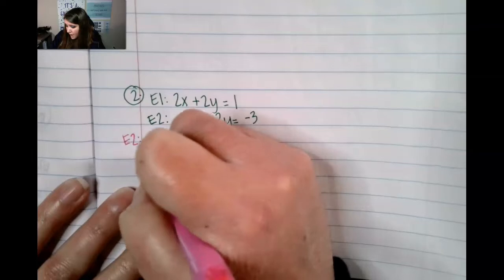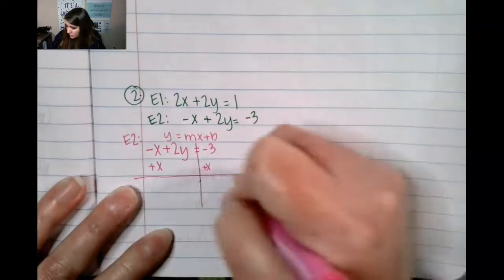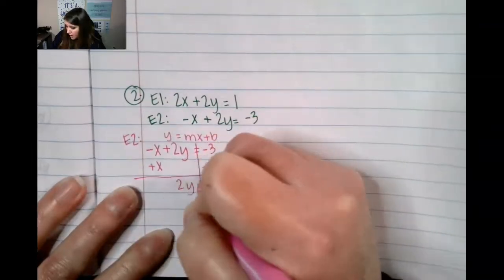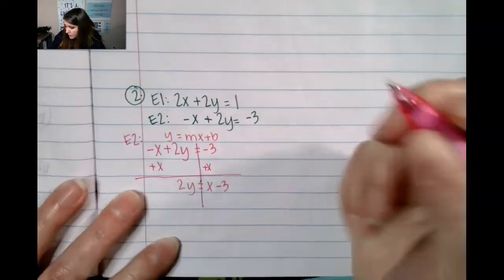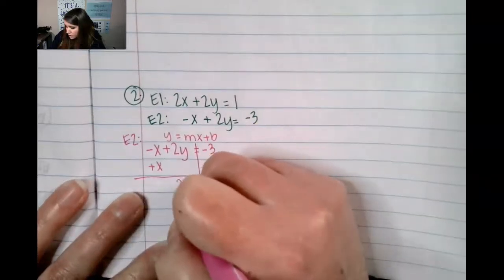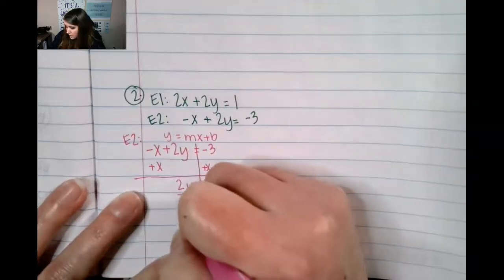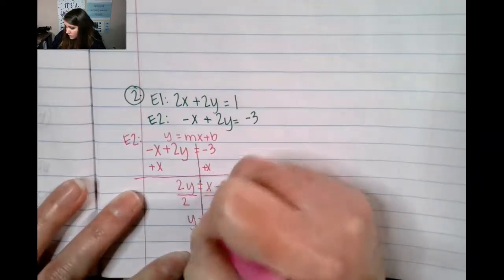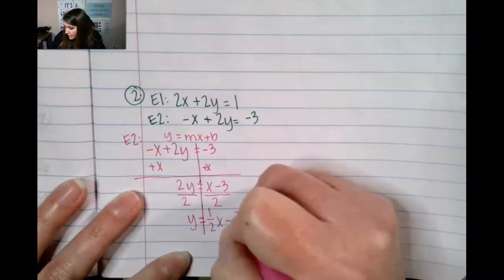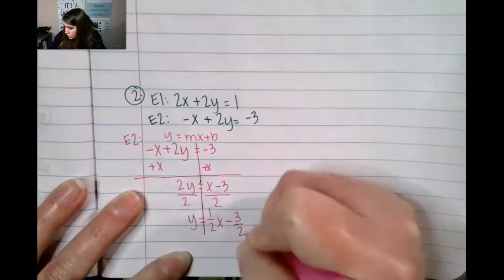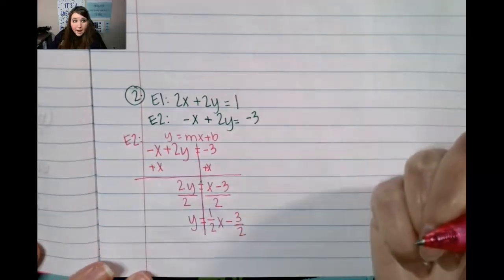I am going to add x and add x. So this gives me 2y is equal to x minus 3. Now I'm going to divide by 2 and divide by 2. So really this says y equals 1/2 x minus 3 over 2, or 1 and 1/2.